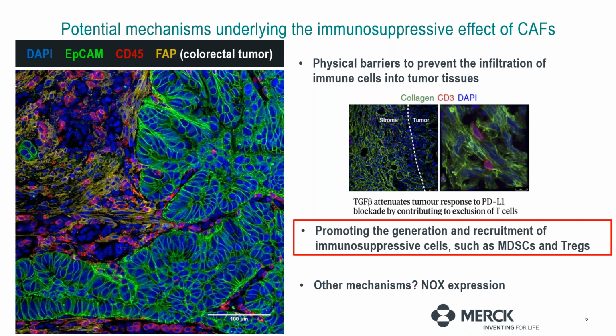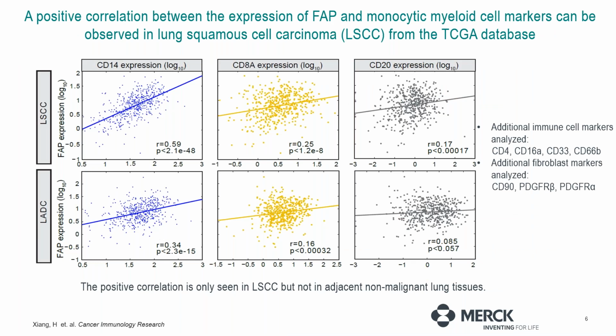So first, we would like to unbiasedly understand how CAFs regulate tumor-infiltrating immune cells. We leveraged the publicly available TCGA datasets to see if there is any association. We decided to mainly focus on non-small cell lung cancer because those patients only partially respond to immune checkpoint blockade.